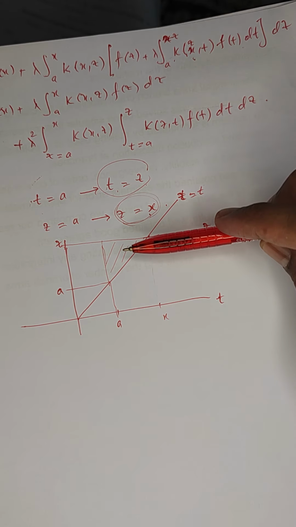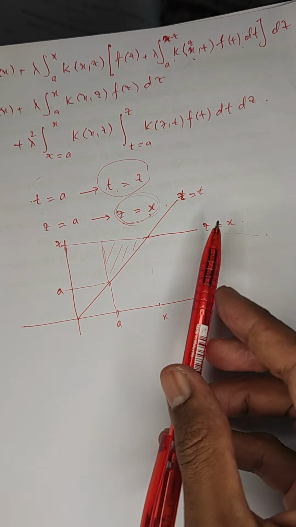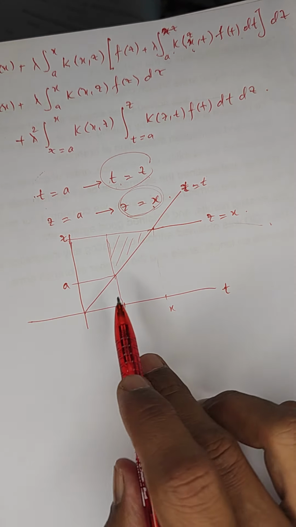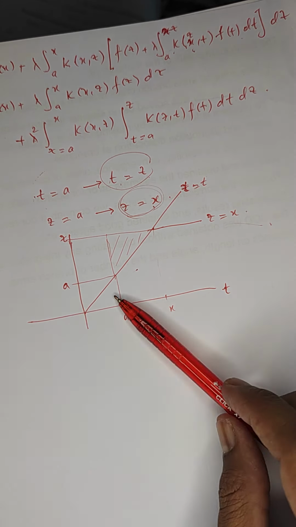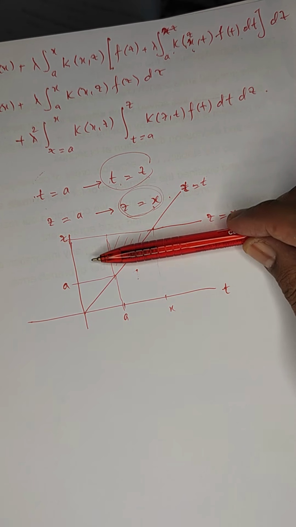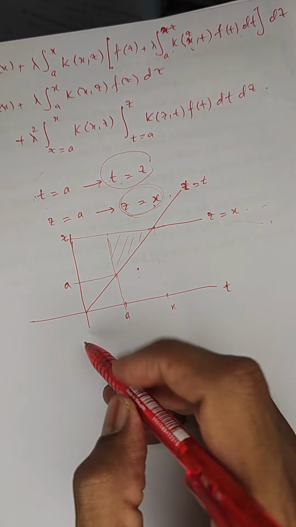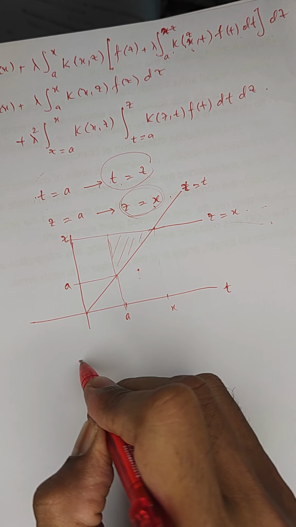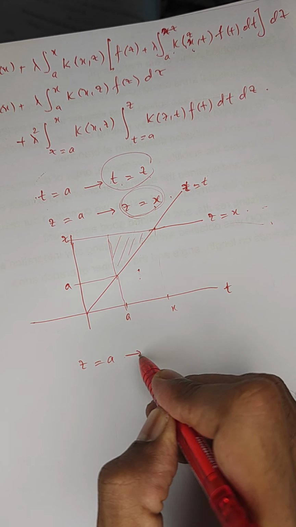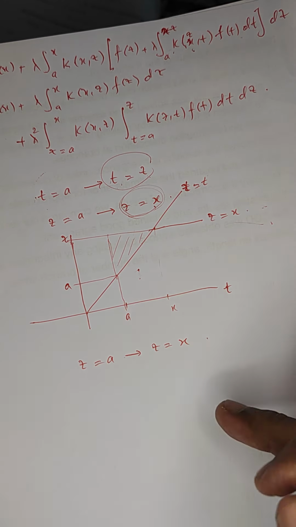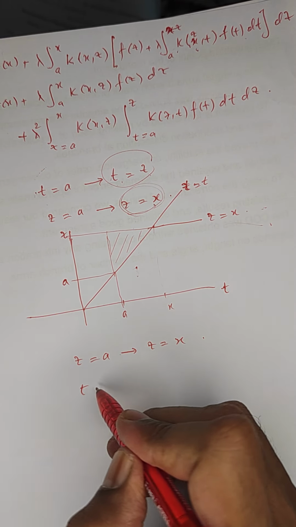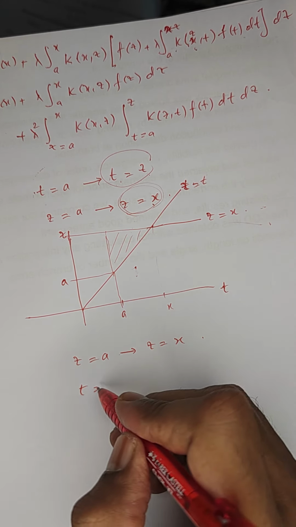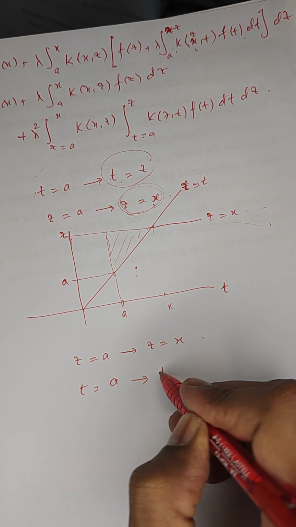So instead of integrating over t first, we want to integrate over z first. From there you can see z goes from a to that line, which is z equal to x. So after the change of order of integration, we have z from a to x, and t from a to x.